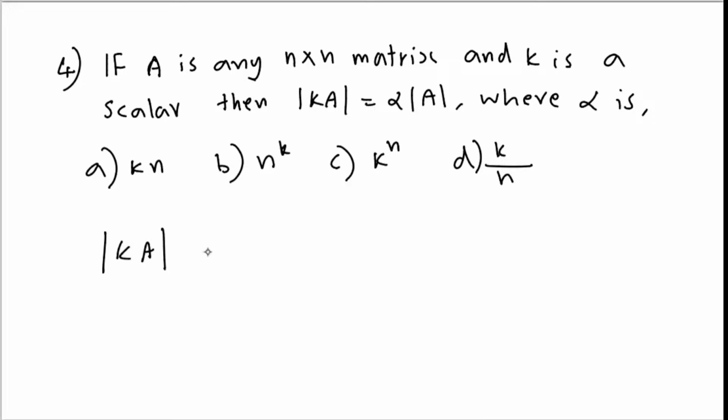Ka can be written as, if I take K as a common element from the first row, I can write K here, then determinant of A. If I take K from the second row, I have to write K square.